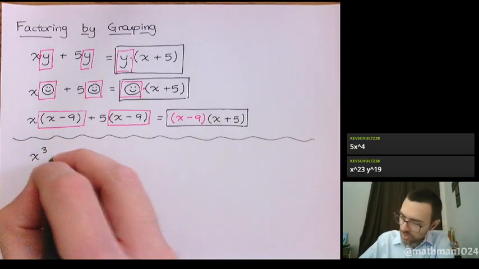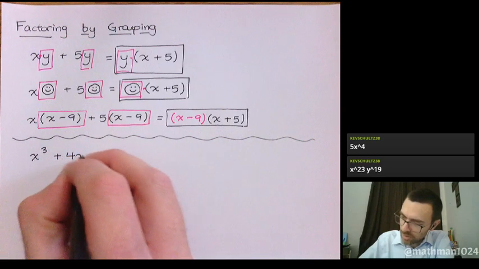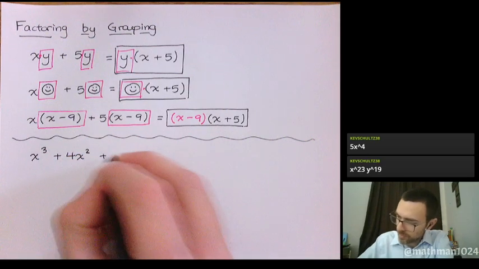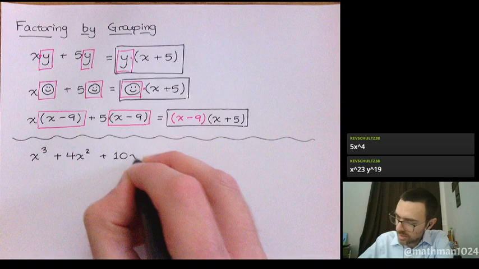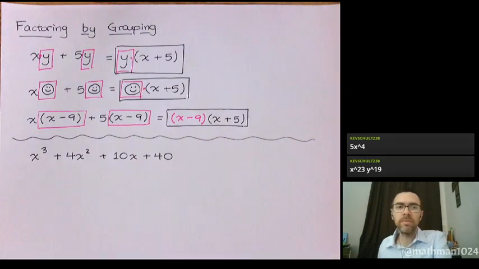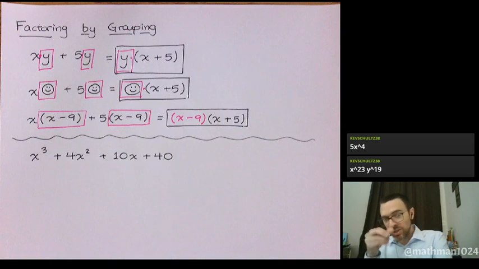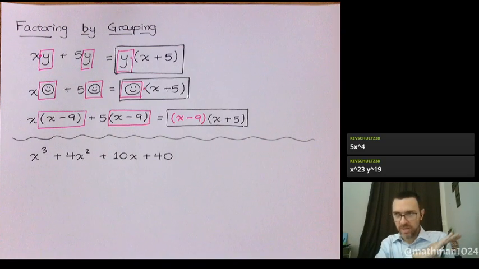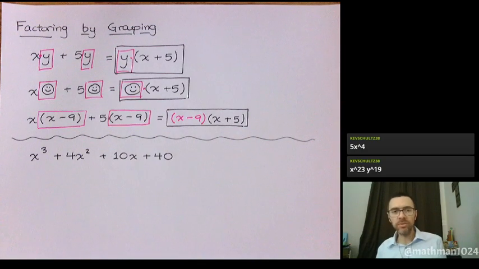Let's take x to the third plus 4x squared plus 10x plus 40. Now, if we look at this entire polynomial as a whole unit, we want to be looking for a common factor for everything.